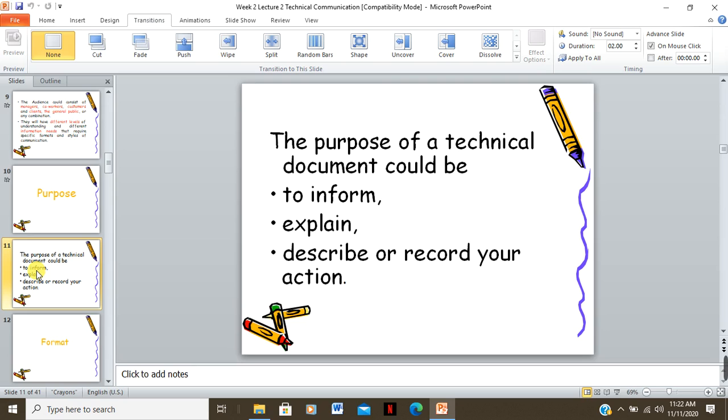Then you need to understand what kind of people you are going to talk to, and what language you are going to choose, whether it is just information, or an explanation, or a detailed description of the actions that you might be taking later on.